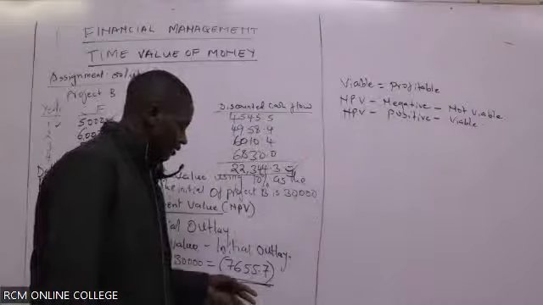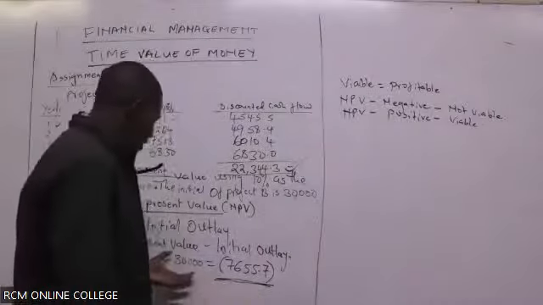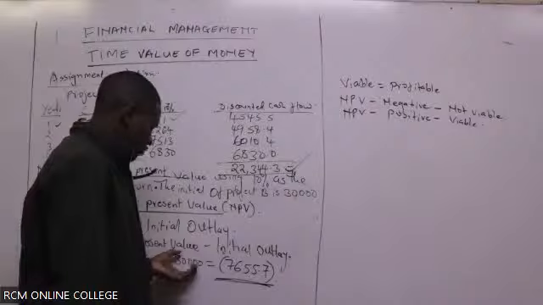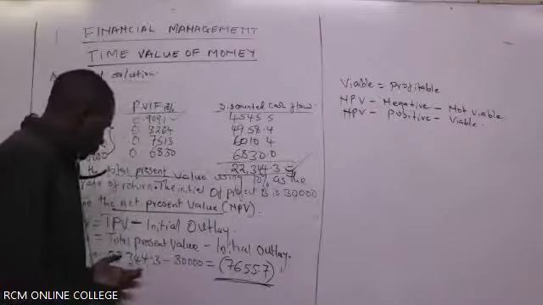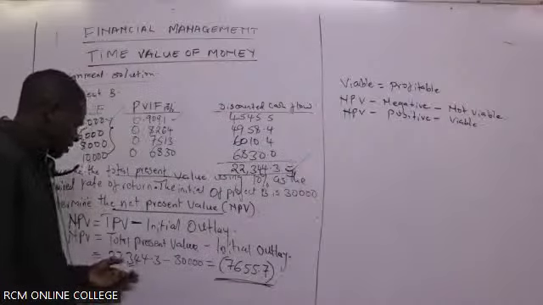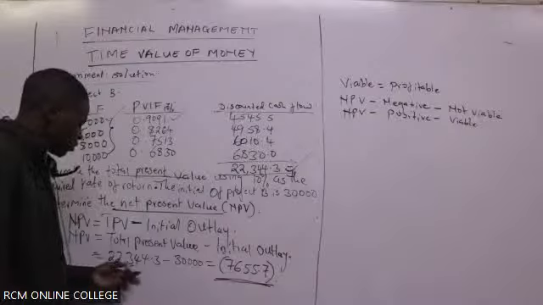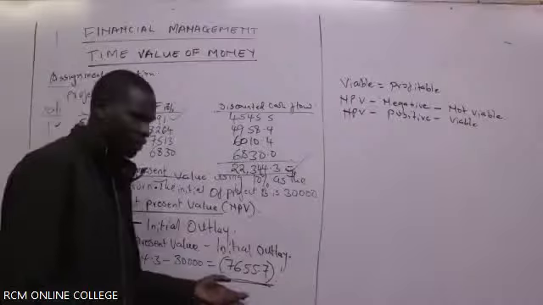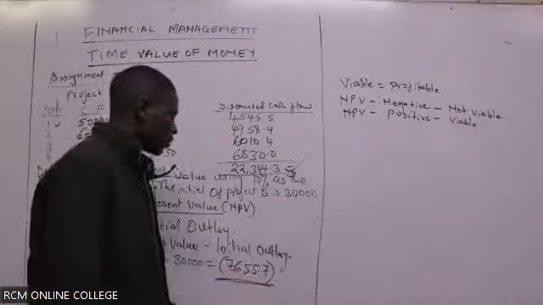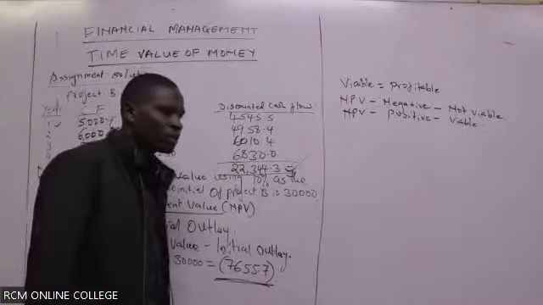In fact, you can see that the initial investment was 30,000, and the inflow that the person is getting is 22,344.3. Therefore, this project is not profitable, and the investor should not invest in it.